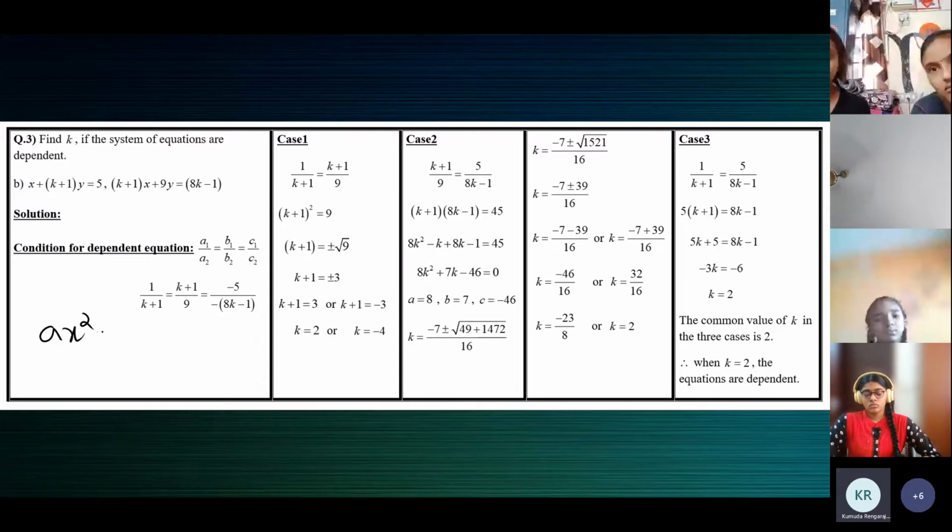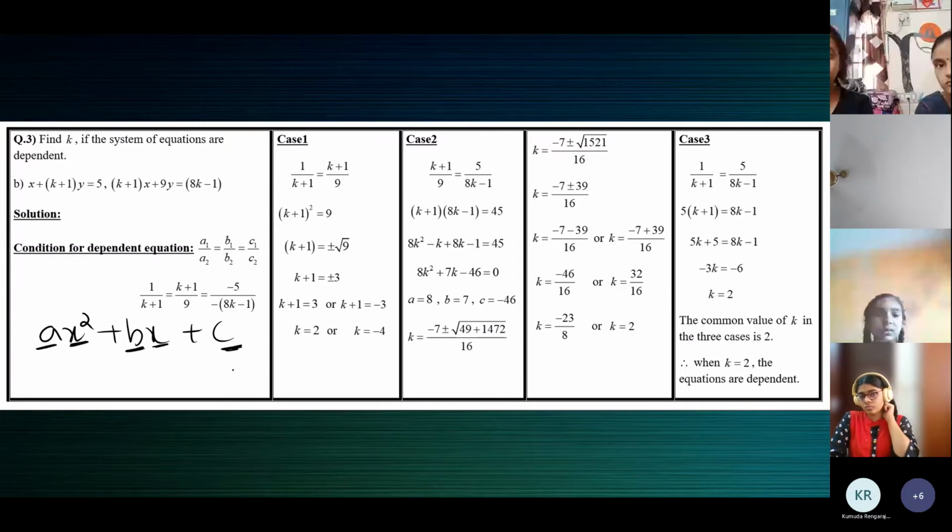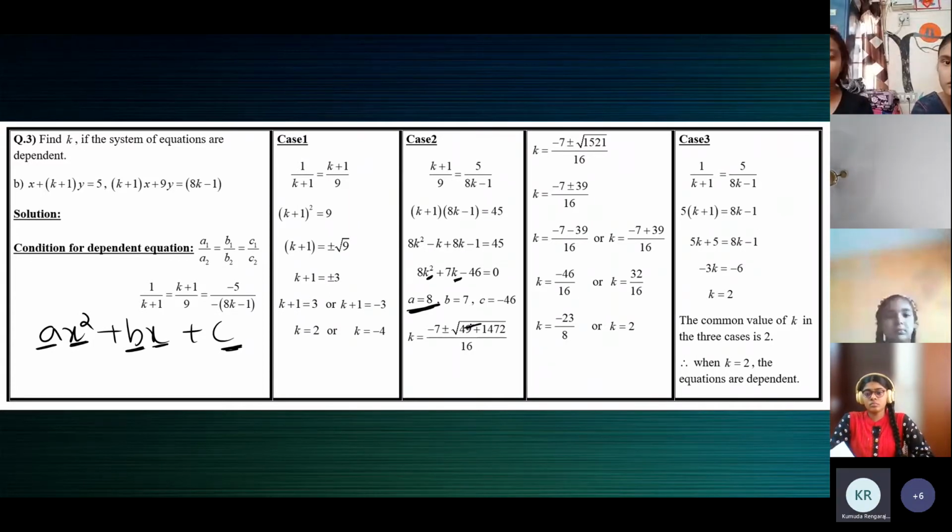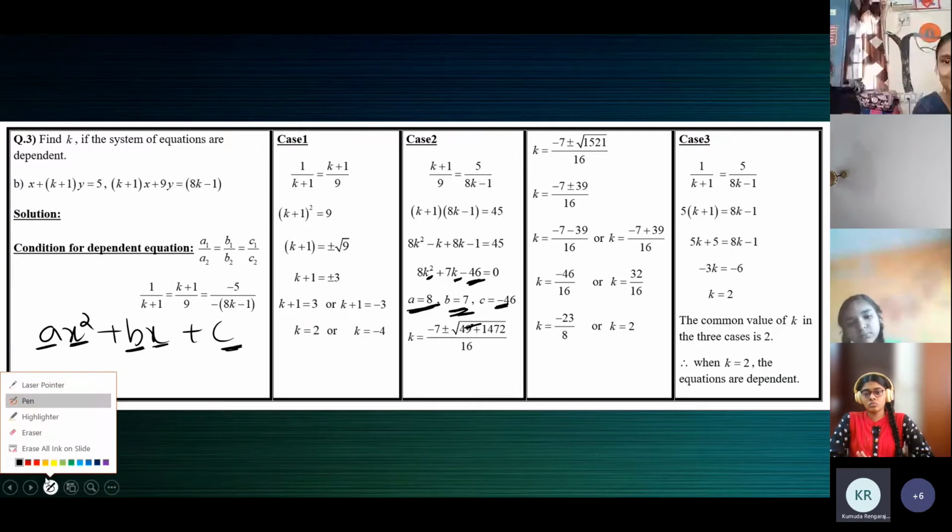In ax squared plus bx plus c, the coefficient of x squared is a, the coefficient of x is b, the constant is c. Do you understand how to get the values of a, b, c, children?